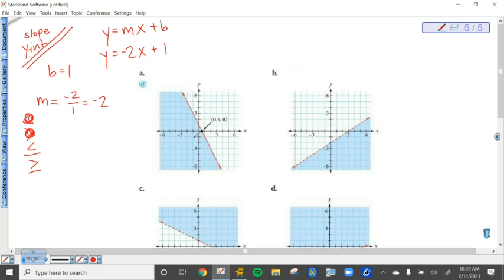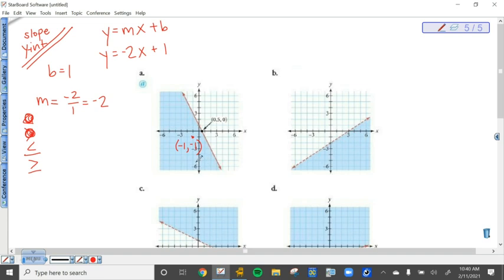Now let's choose a point down here in the shaded area. What are the coordinates of this point that I just put a dot at? Yeah, negative 1, negative 1. Good. I'm going to test this. I want this to be true, because this is my shaded area.